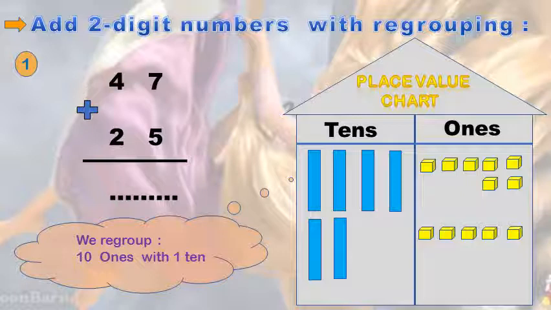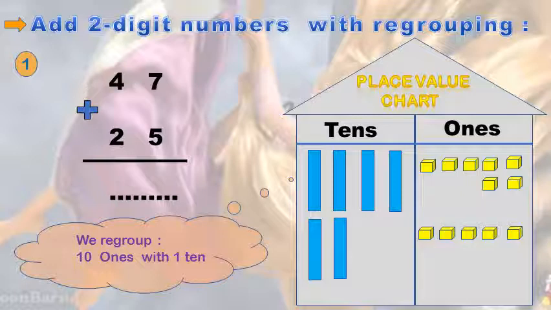Let's count the ones in the ones room. 1, 2, 3, 4, 5, 6, 7, 8, 9, 10, 11, 12. Can I write 12 in the ones room? No, I can't write 12 in the ones room because the ones room can only hold 1 digit.